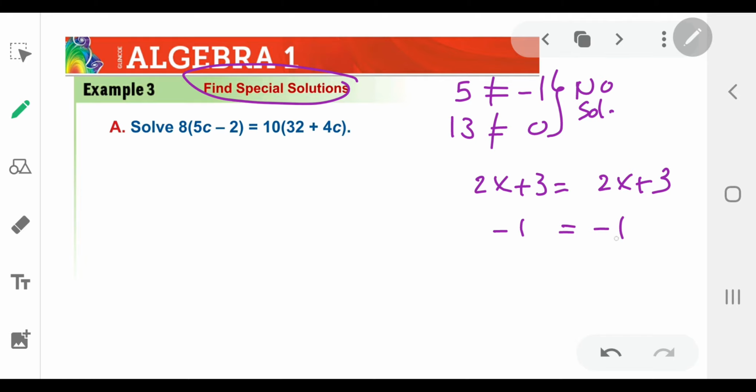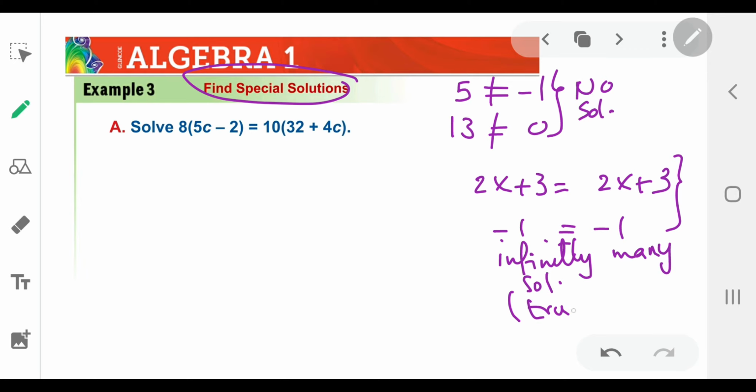If you're simplifying an equation and you find that the two sides are exactly identical, you can say this equation has infinitely many solutions, which means it's true for all the values of x.